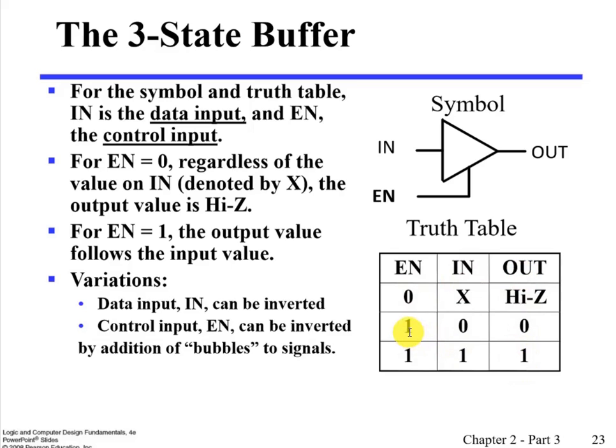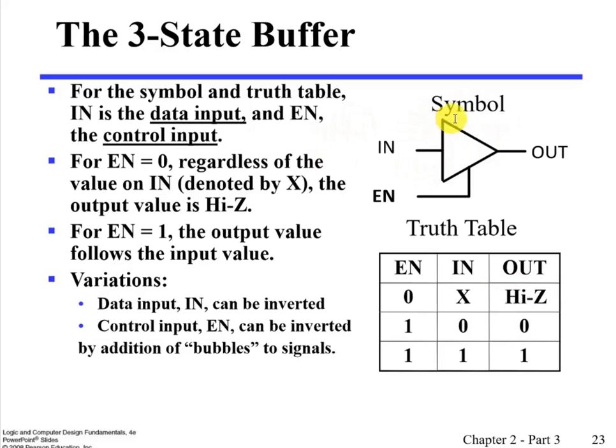As we can see, two of the states are logic 1 and logic 0 of conventional logic. And the third state is a high Z value, which for three-state logic we refer to as the high Z state. 0, 1, and then high Z.